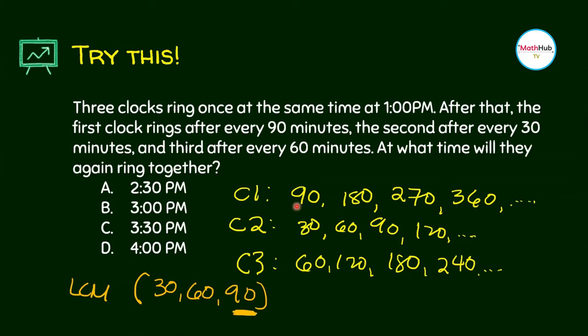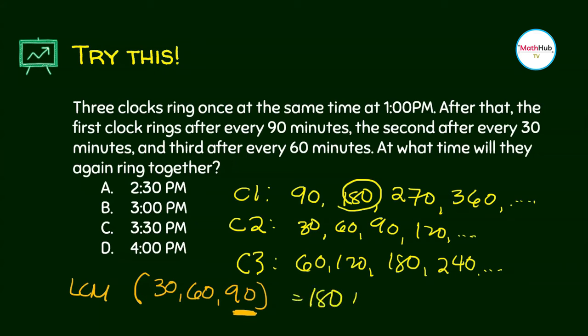So for example, 90. Is 90 divisible by 30? Yes, but 90 is not divisible by 60. What about 180? Is 180 divisible by 60? Yes, it is also divisible by 30. 180 minutes.